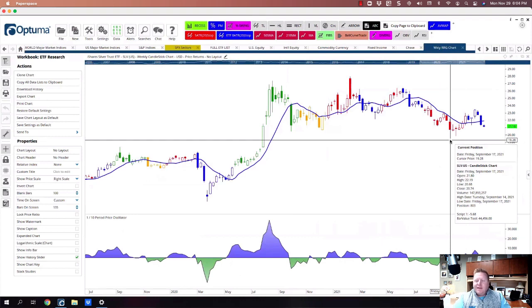Especially in a tactical portfolio model, which means a trend-following portfolio model, when the markets crash, we should be able to sidestep a good chunk of the downside. In a strategic buy and hold model, we're not going to sidestep the downside. Instead, we're just going to own different stuff.